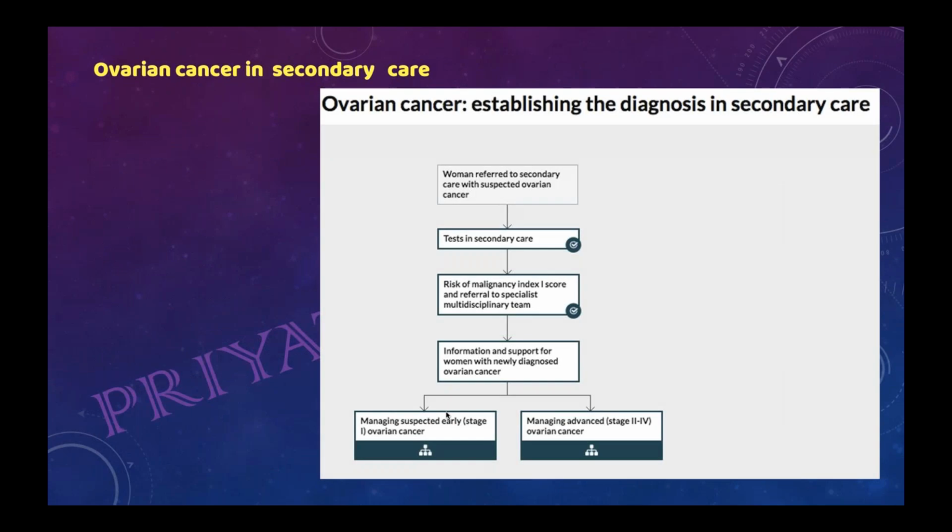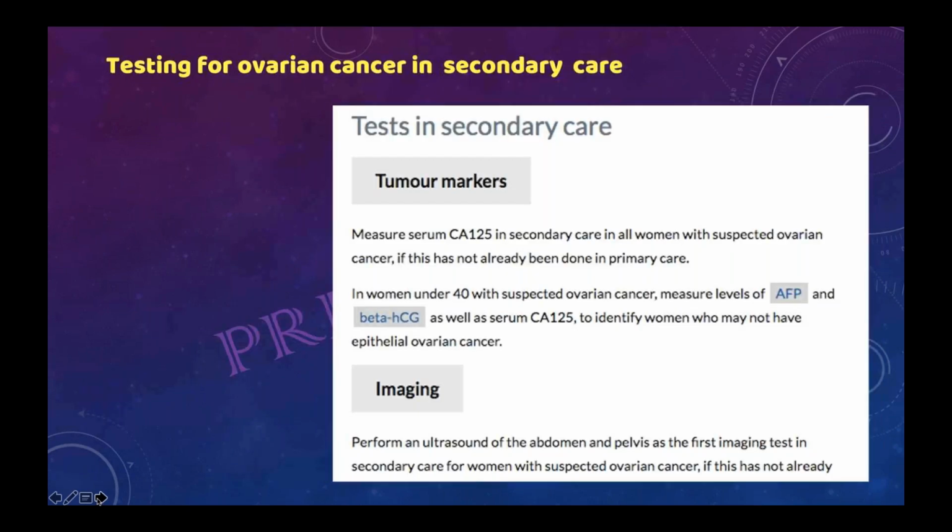Okay, now the patient is referred, so the patient has come to secondary care. What tests will be done in secondary care? Till now I was speaking about primary care, what the GP will do. Now the patient has come to secondary care. These are the tests done there.